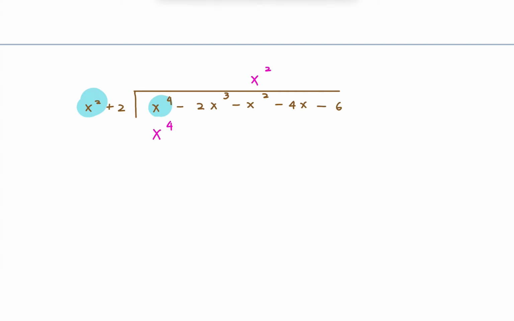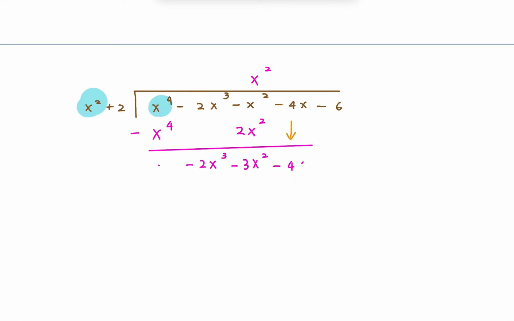So put it here, 2x squared. And then minus. x to the power of 4 minus x to the power of 4, 0. Negative 2x cubed minus 0, negative 2x cubed. Negative x squared minus 2x squared, negative 3x squared. This one you just bring down the next term, which is minus 4x.